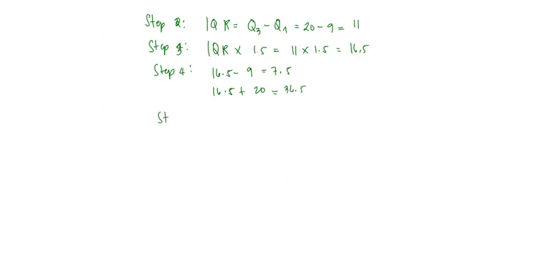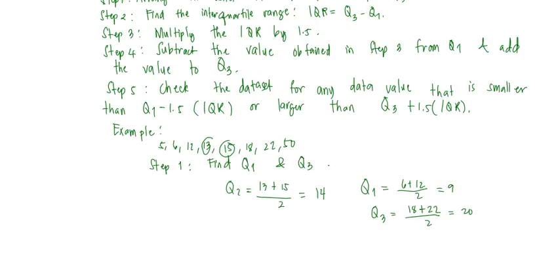Now, you move on to step 5, which is determining kung merong data value that is smaller than your Q sub 1 minus 1.5 times IQR, which you calculated here, and larger than our Q sub 3 plus 1.5 times IQR, which you also calculated here.